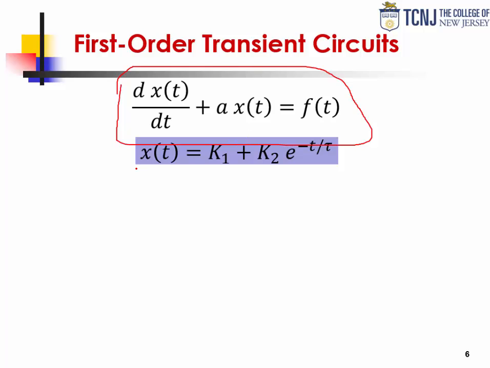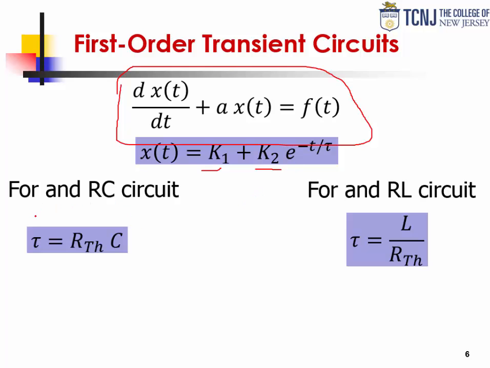The form of the general equation that is the solution to the differential equation above is x equals k1, a constant, plus k2, another constant, times e to the minus t divided by tau.